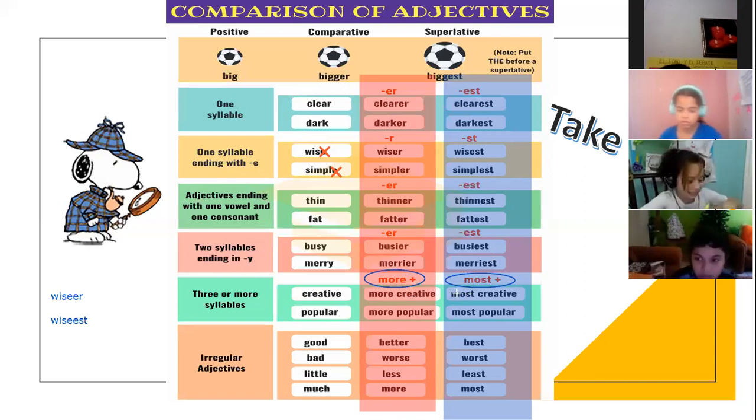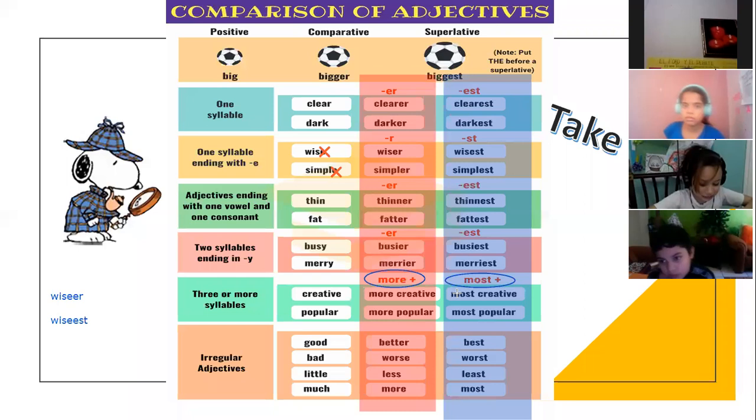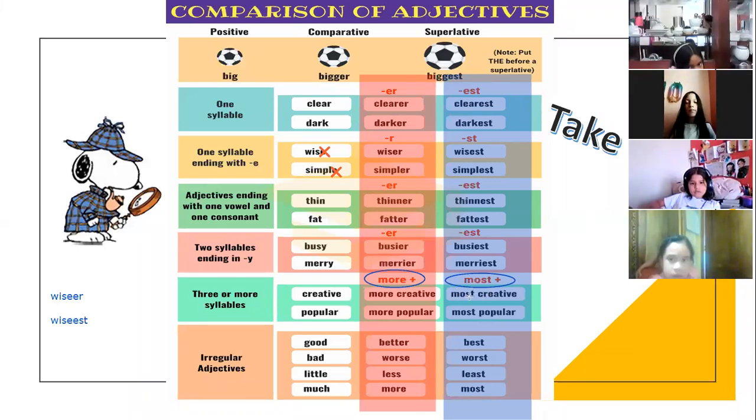The most intelligent student in the class is Isabella. Okay, more creative. The most creative boy in the class is Victor. The most popular student in the class is Melanie. So we use more and most, not ER and EST, when the adjective has three or more syllables.